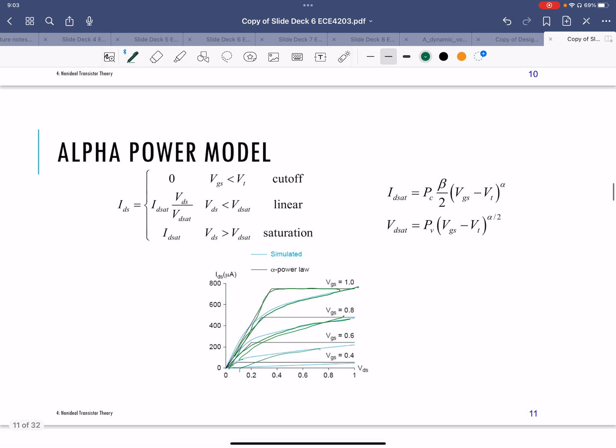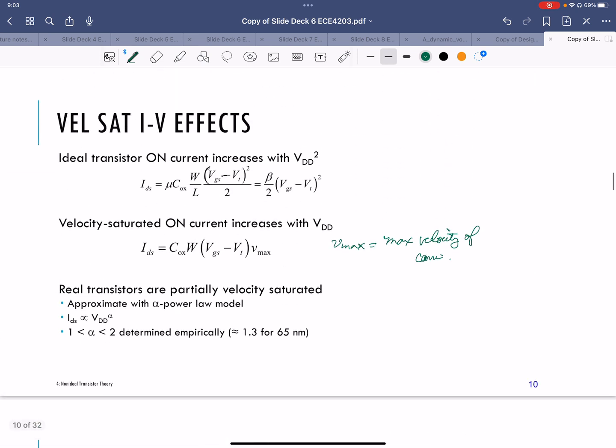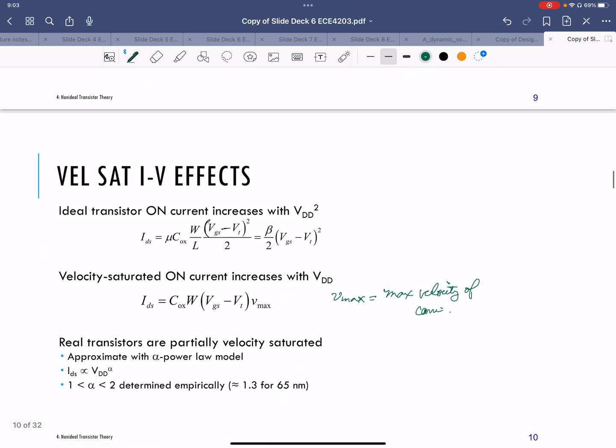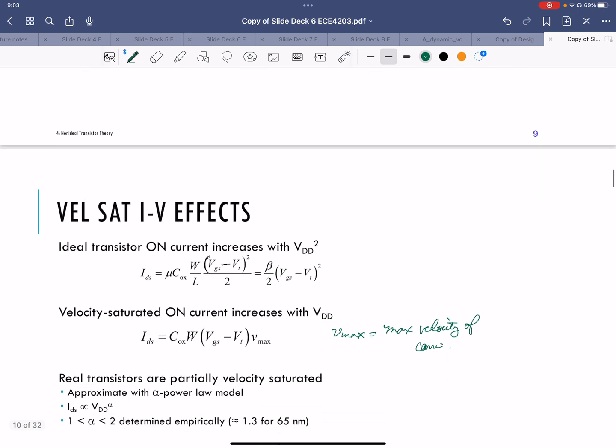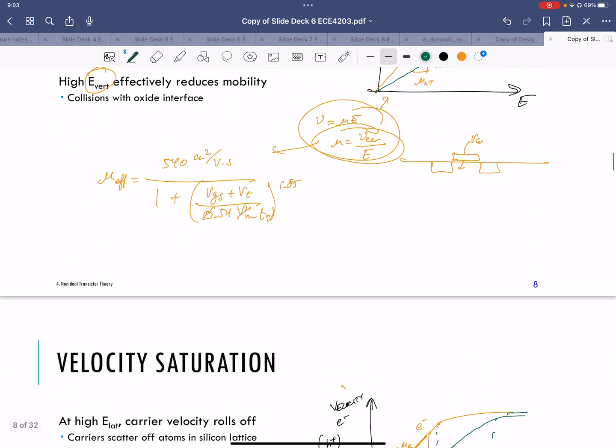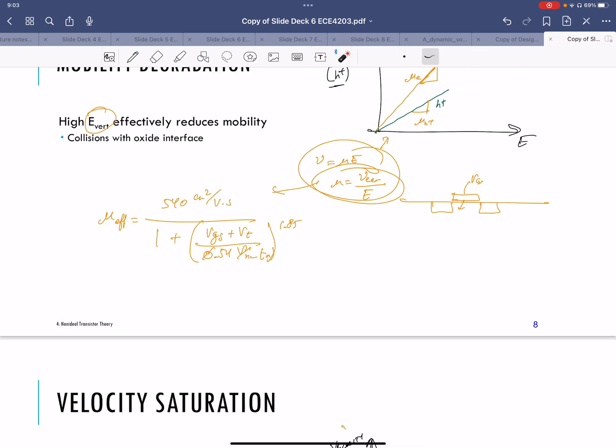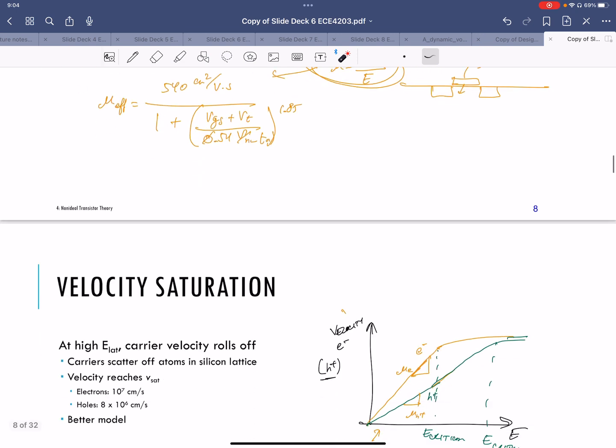And so that brings us to, basically you end up with a pretty complicated equation as it turns out, because the mobility is dependent on the gate source voltage. Anyway, kind of a messy equation.